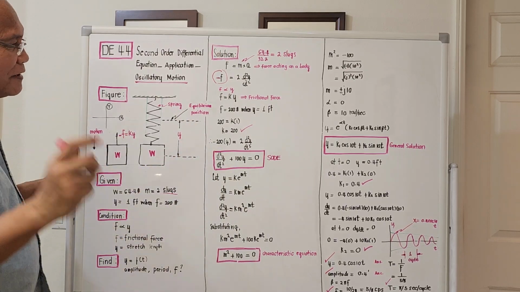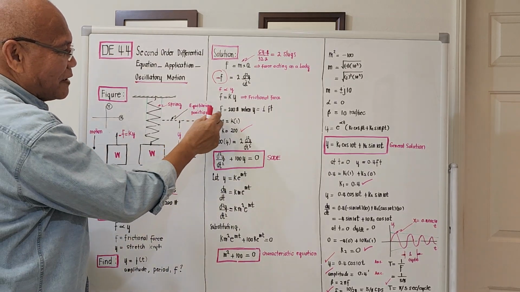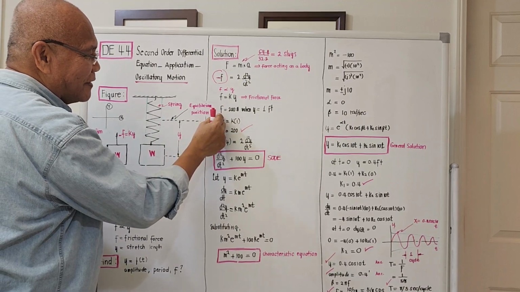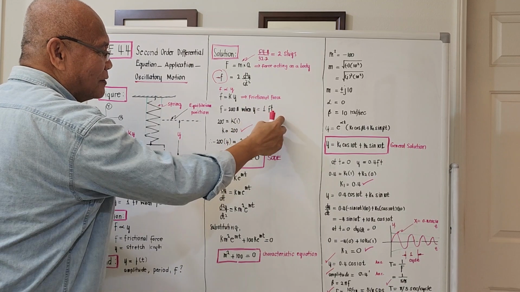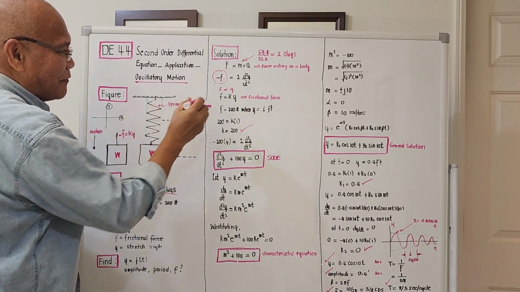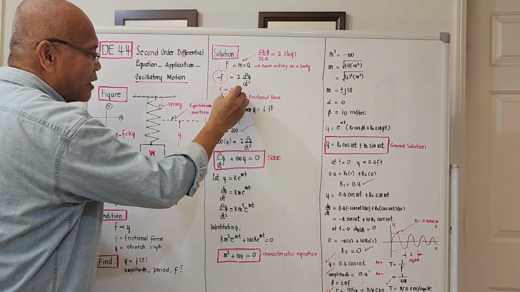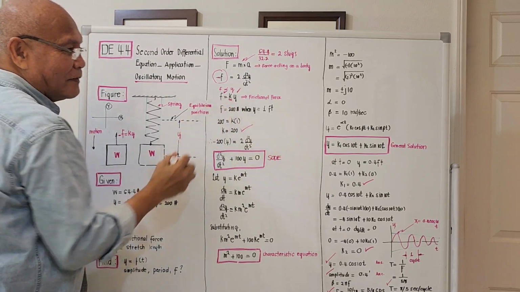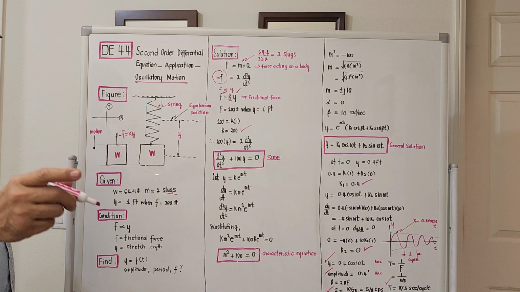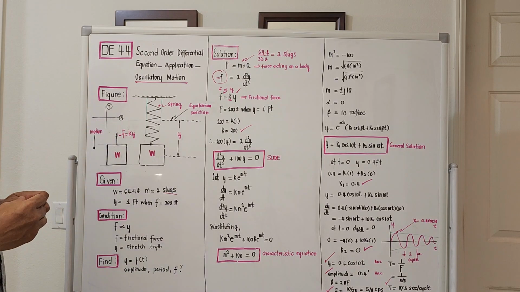And for the given problem, if we apply a force of 200 pounds, you could stretch the spring by a total length of 1 foot. So if we are given f here and we are given y, actually we could compute for k. That's the property of the spring we are using, right?